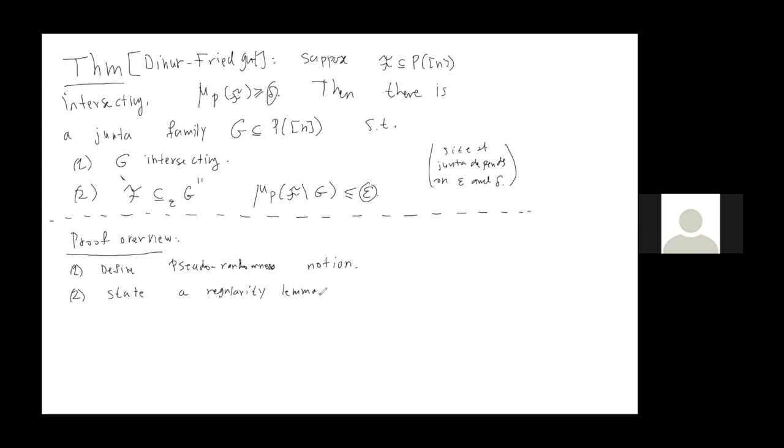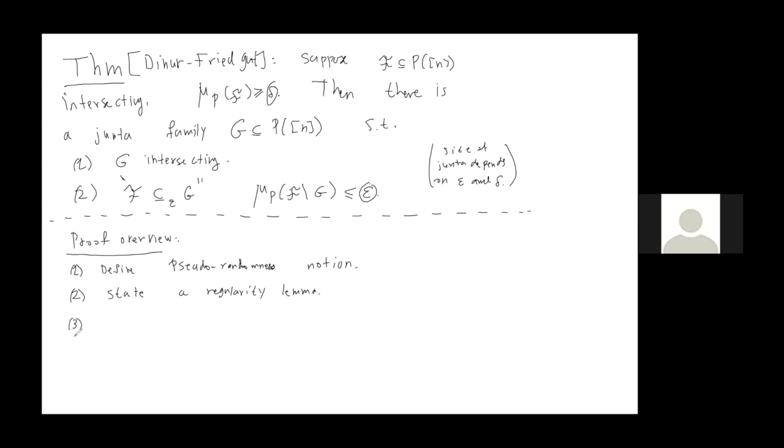These lemmas roughly say that once you have some notion of pseudo-randomness, you can take any family and partition it into pseudo-random parts plus some junk. This is exactly what we'll do.